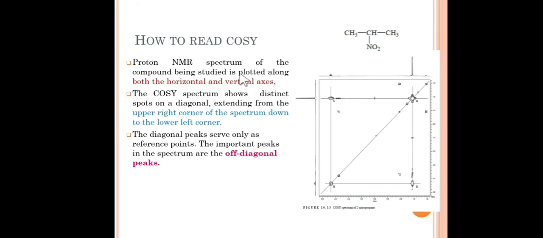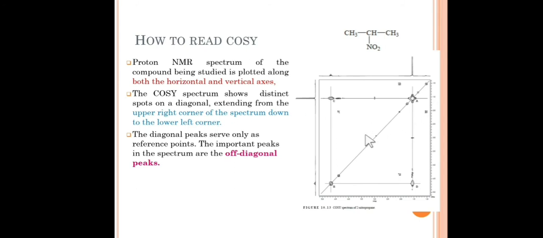The proton spectrum of the compound being studied is plotted along both the horizontal and vertical lines. So horizontally there is one NMR and vertically there is one NMR. The COSY spectrum shows distinct spots on a diagonal.